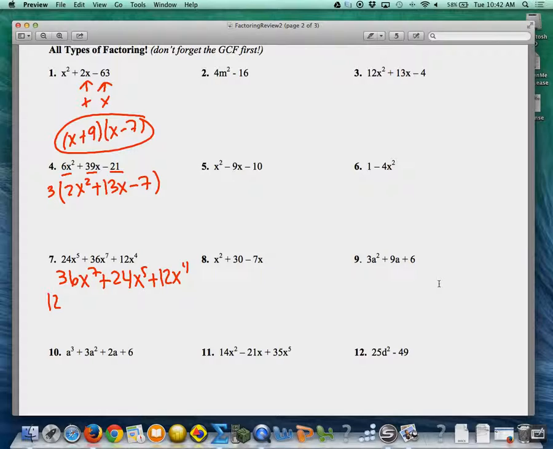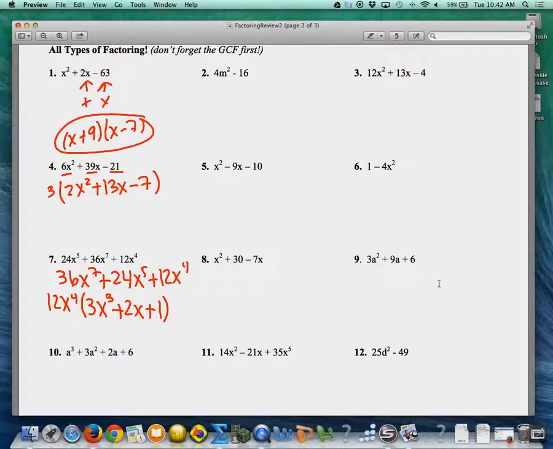And then the lowest exponent I have is x to the 4th, so that's the GCF I have to take out. 36x to the 7th, when I factor out 12x to the 4th, what am I left with? 3x to the 3rd. 24x to the 5th, I take out 12x to the 4th. 2x. 12x to the 4th, I take out 12x to the 4th. 1.